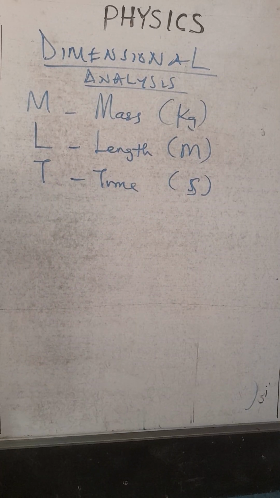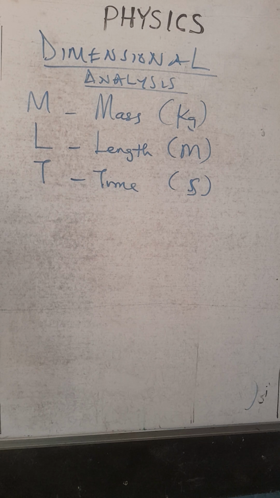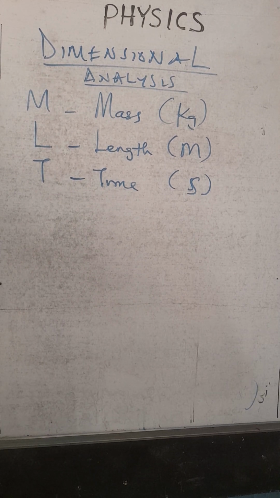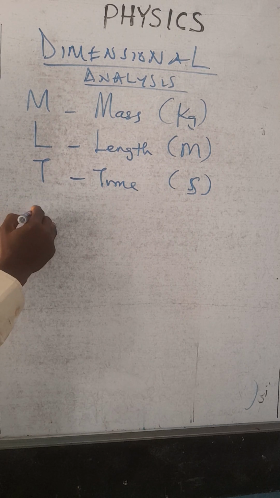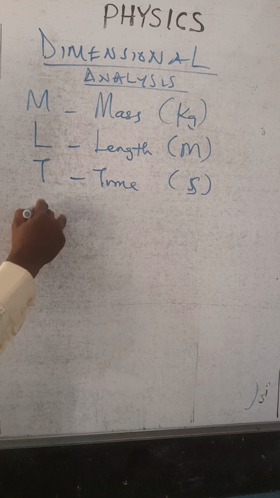To find the dimension of any quantity, we make use of an equation that relates that quantity to quantities that you know. For instance, look at the derived quantity, area.